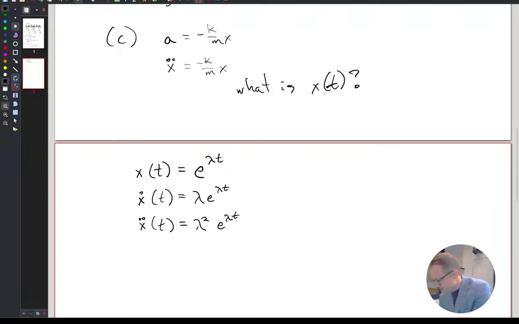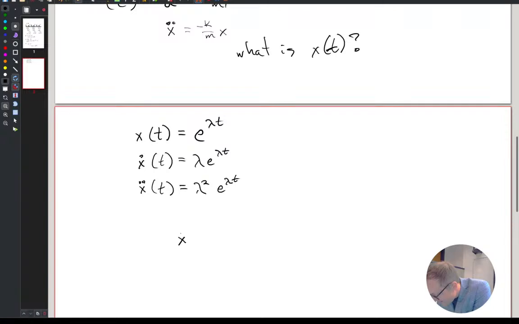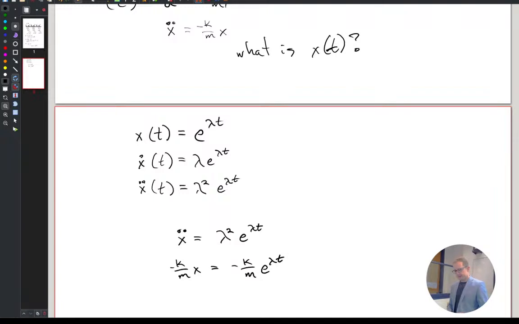All right, so then let's try it. x double dot equals lambda squared e to the lambda t, negative k over m, x equals negative k over m. Is x in the denominator or is x being multiplied? That one's multiplied, like kx over m.